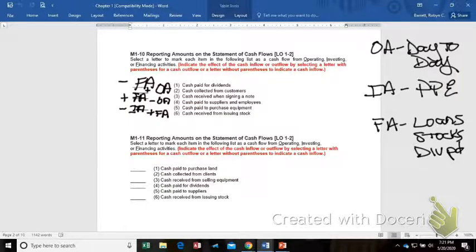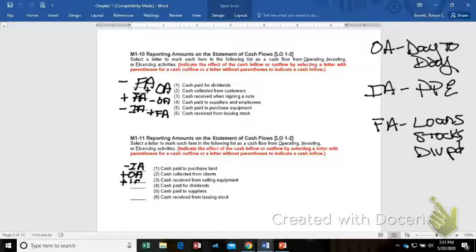All right, so down to 11, cash paid to purchase land. Investing. Investing, yep, so minus IA. Cash collected from customers. Operating. Operating, yep. And that's a plus. Cash received from selling equipment.